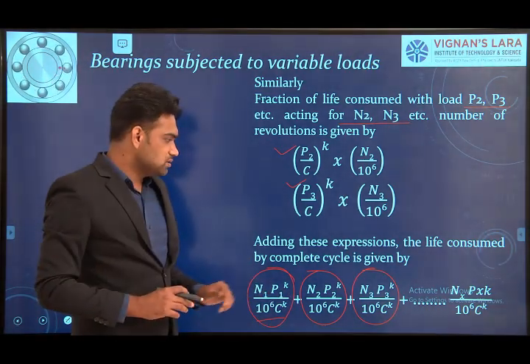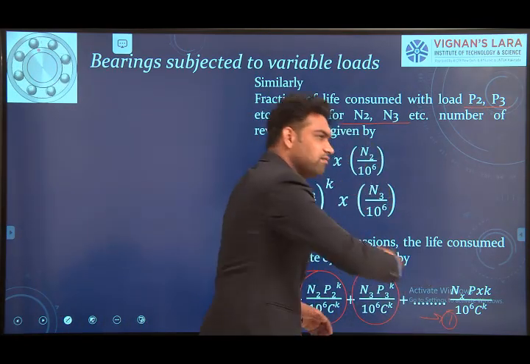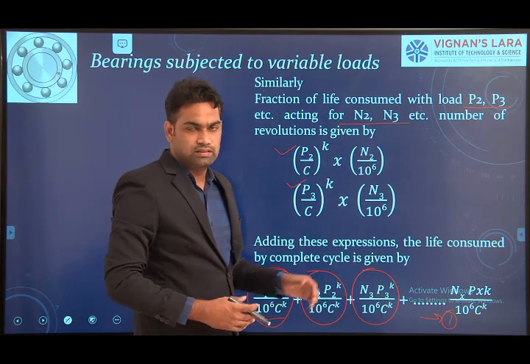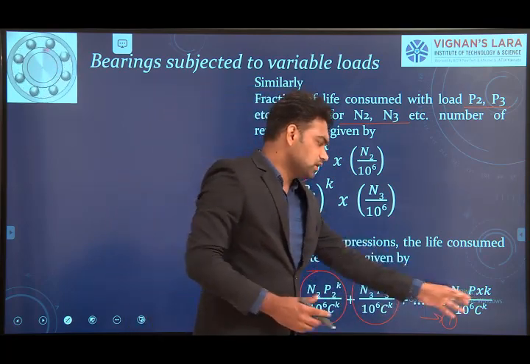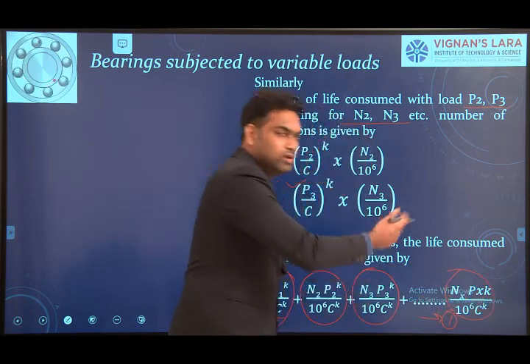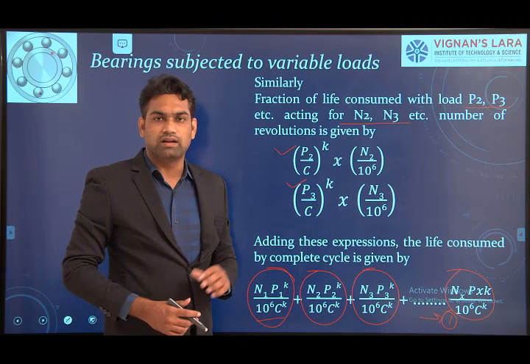Clear? So I can consider this as equation 1. Like that, if you have x number of time duration cycles, I can also write up to x extent, and you get the total life of the bearing for one complete life cycle.